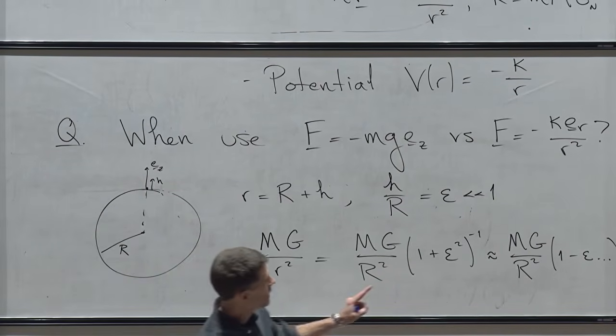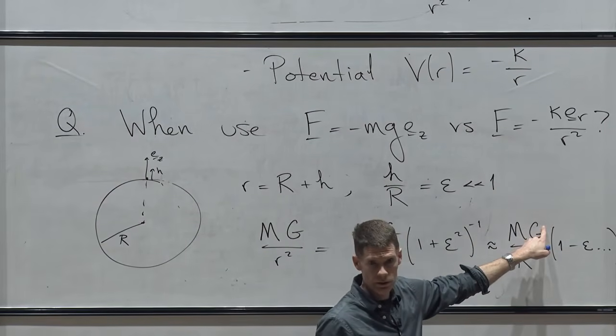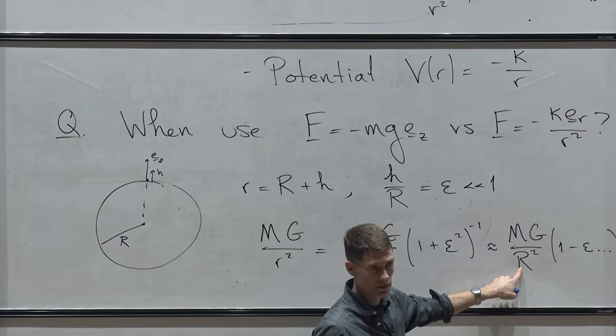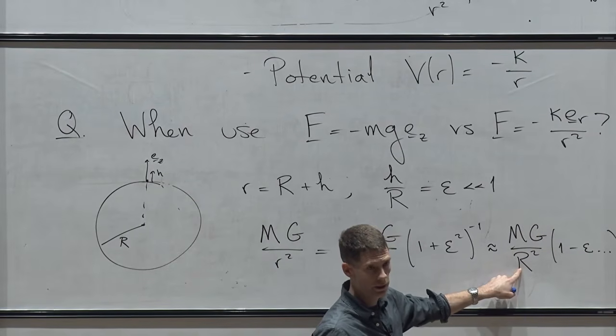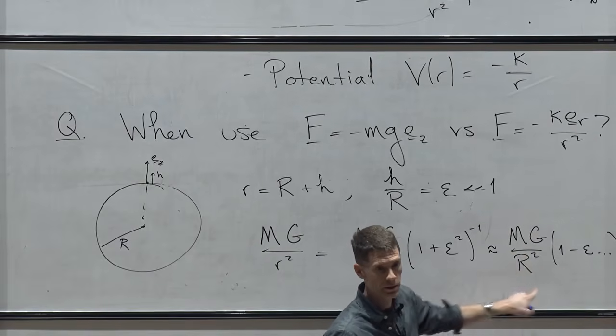And actually, if you take the mass of the Earth times the universal gravitational constant divided by the radius of the Earth squared and plug those all in, you get about 9.8 meters per second squared, which is the little g we use.